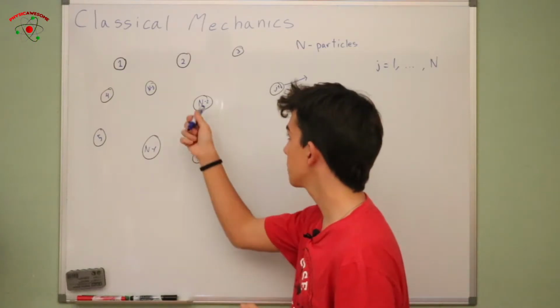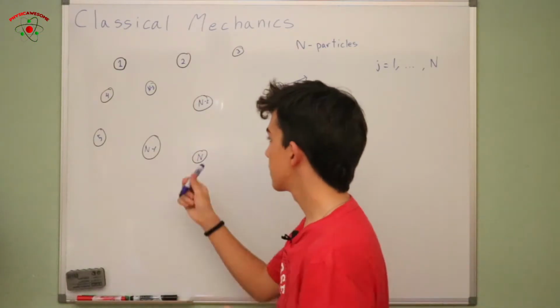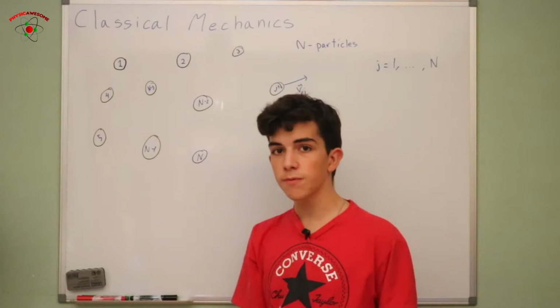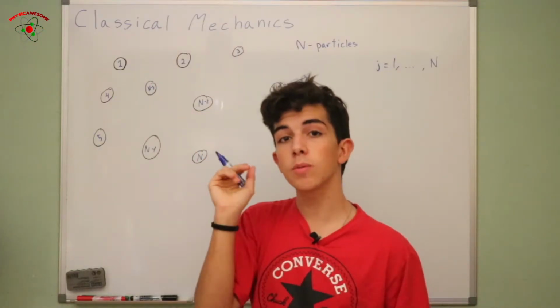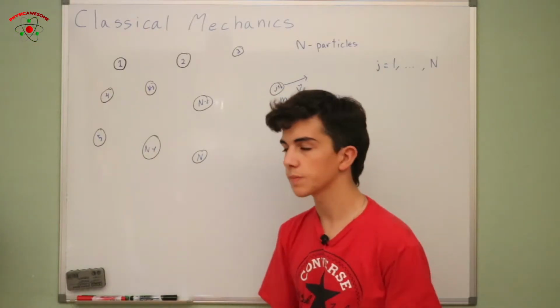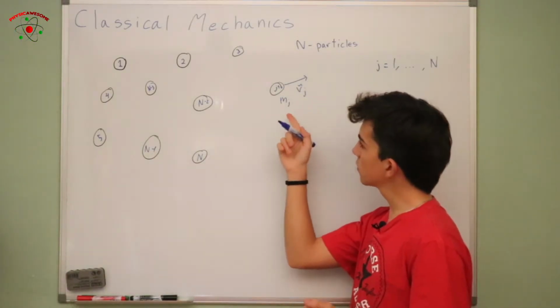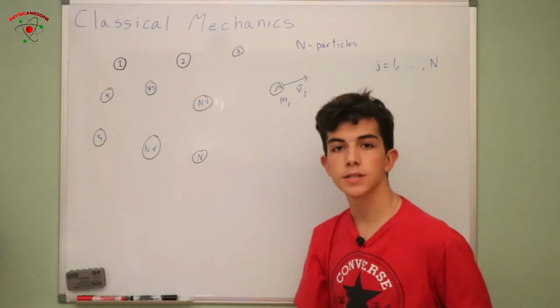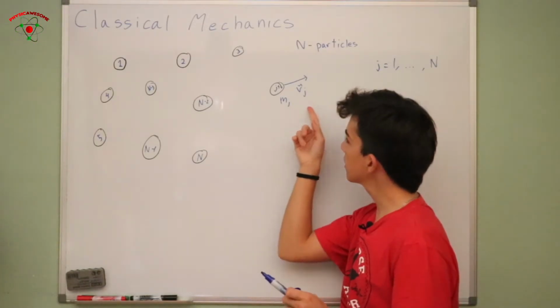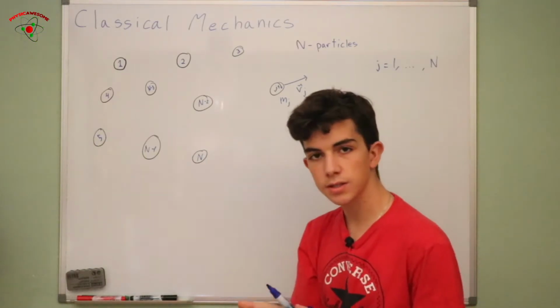And you can see, I've tried to illustrate that the masses of the particles are going to be different, and also their individual velocities are going to be different. We're going to symbolize that by this label in each of these quantities.